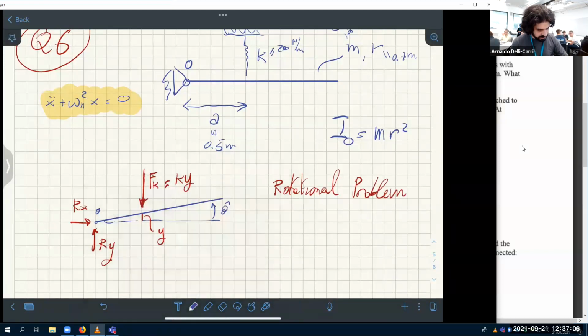Therefore, we use that around the z-axis passing through O, the sum of moments around O equals, come on, Newton's second law for rotation, sum of moments equal, not 0. That's statics. This is dynamics. Sum of moments equal.